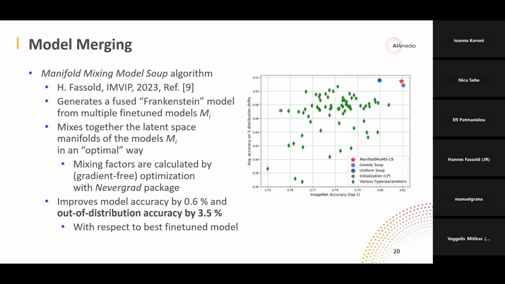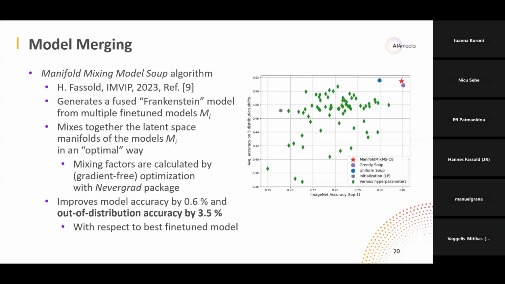It mixes together the latent space manifolds of these models M_i in an optimal way. The mixing factors are calculated by an optimization step, and I'm using gradient-free optimization with the Nevergrad package. I can really recommend this package also for things like hyperparameter optimization and so on.